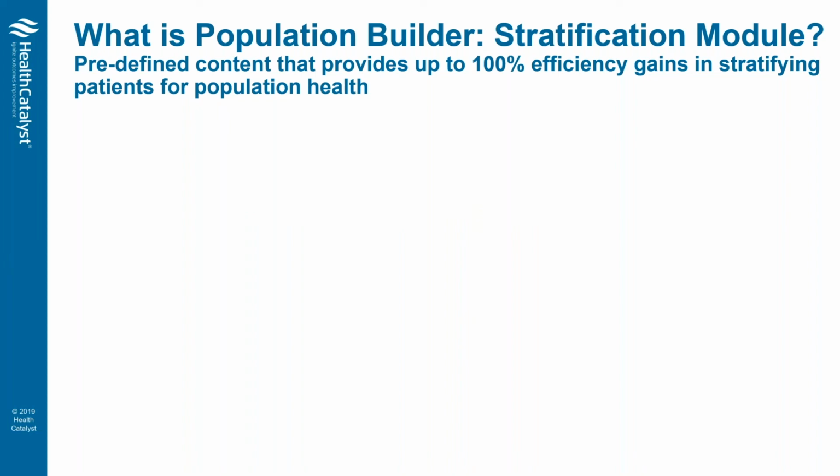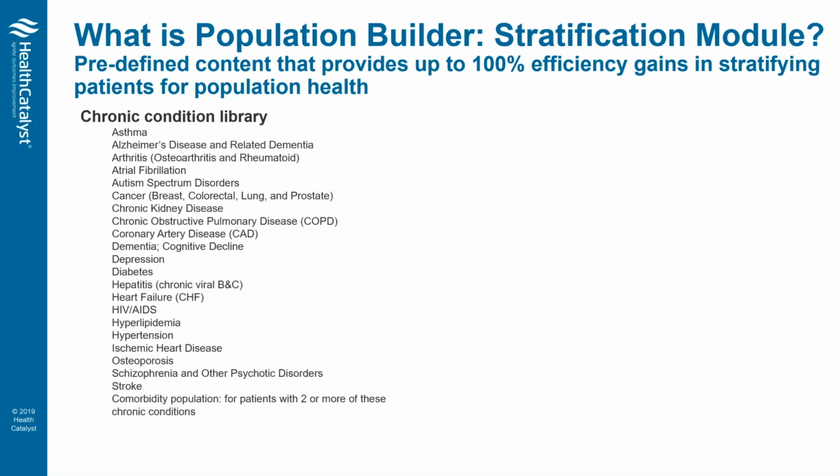And what is in the box here? We already showed Population Builder. Now this is the bundle of content that is an add-on to Population Builder, and it includes a chronic condition library of all these various chronic conditions, a definition of that comorbidity population. So it comes with an out-of-the-box definition that identifies patients who have 2 or more different chronic conditions.